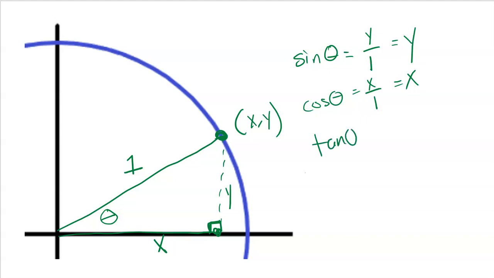Now tangent does not involve the radius, so tangent is still y over x. So we get a much more simplistic understanding of sine, cosine, and tangent when we have a radius of 1. All we're doing is still maintaining the same relationship between the side lengths. We're not changing that, but when the radius is 1, it just makes it so much easier.